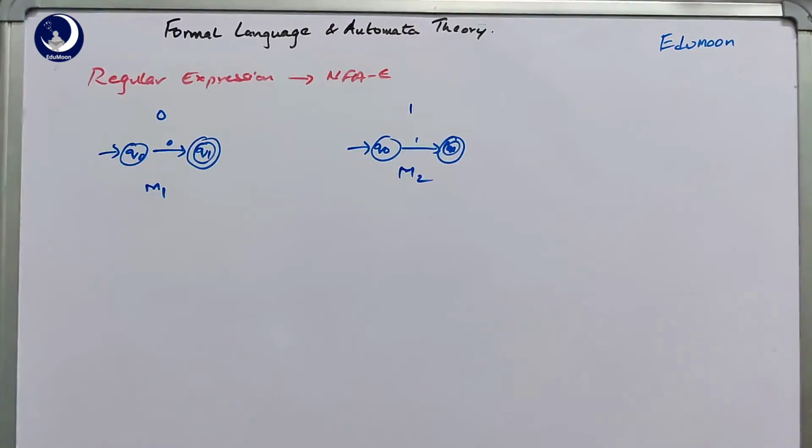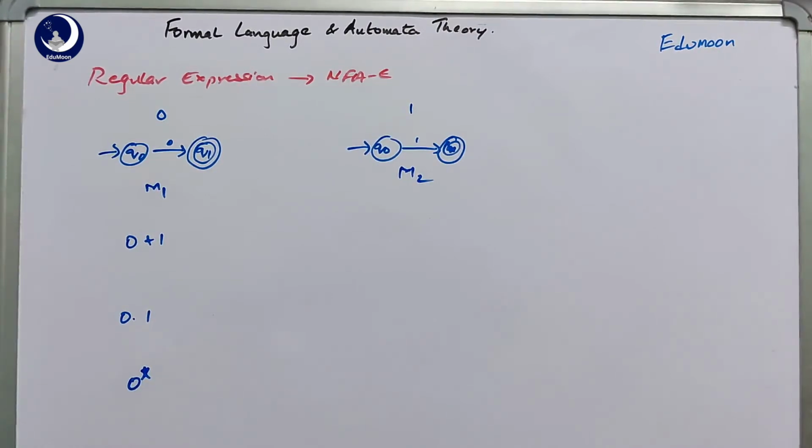Now we combine these using epsilon moves with the regular expression. The basic regular expression operations are union, concatenation, and closure. So 0 plus 1 is a machine which accepts either 0 or 1. From the above two definitions for M1 and M2, we can create a machine which accepts either M1 or M2 using epsilon moves.